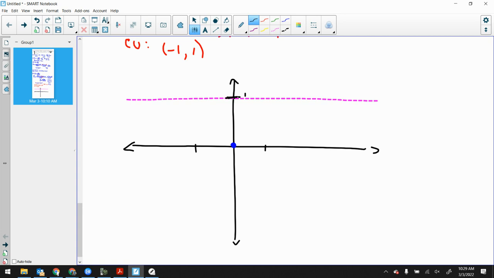So if this is 1, this is 1/2, this is 0.25. So 1 comma 1/4 is an inflection, and negative 1 comma 1/4 is an inflection. That's where it goes from concave up to concave down. Is that symmetrical? Should be.